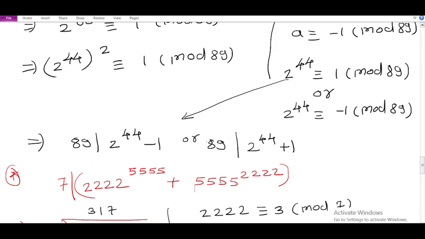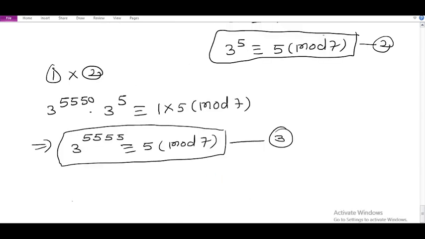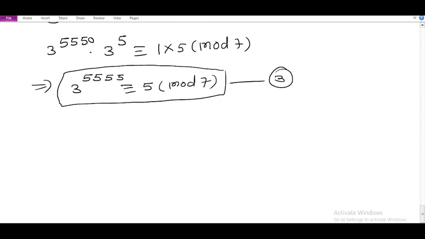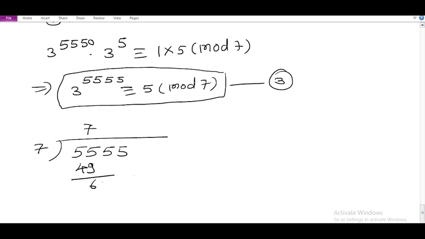Similarly you can find 5555 raised to 2222. Okay, so now next, if you divide 5555 by 7, we get 793, 49, remaining is 6.